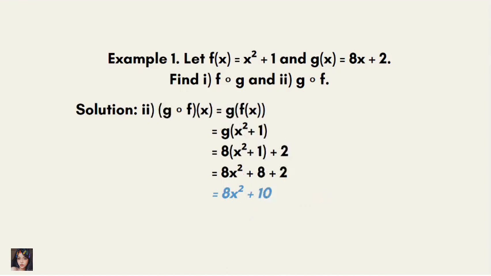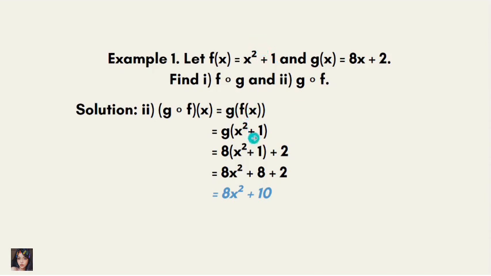Another, in our second solution, let us find the g composed of f of x, which is equal to g of f of x. So same thing that we did earlier, but vice versa. Since this is g of f of x, the first thing that we will do is substitute the value of f of x into g of x. So the value of f of x is x squared plus 1.